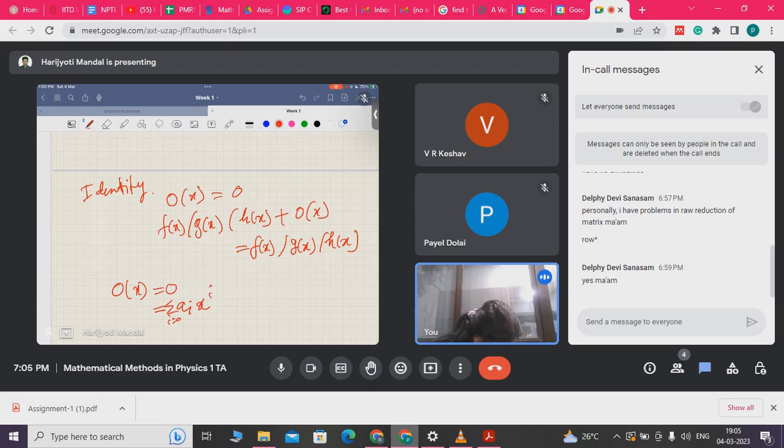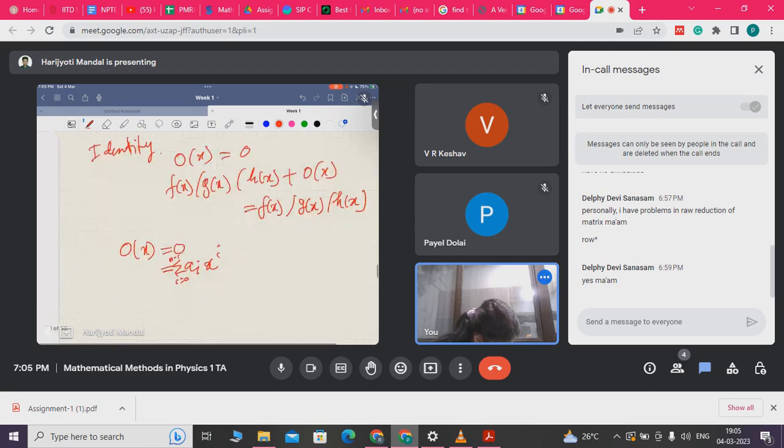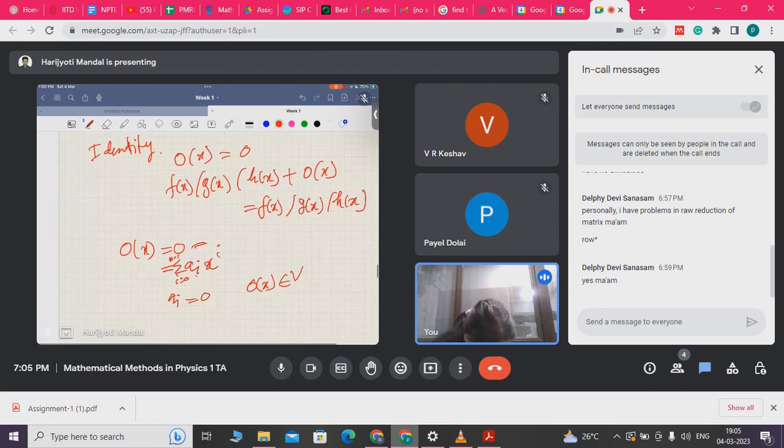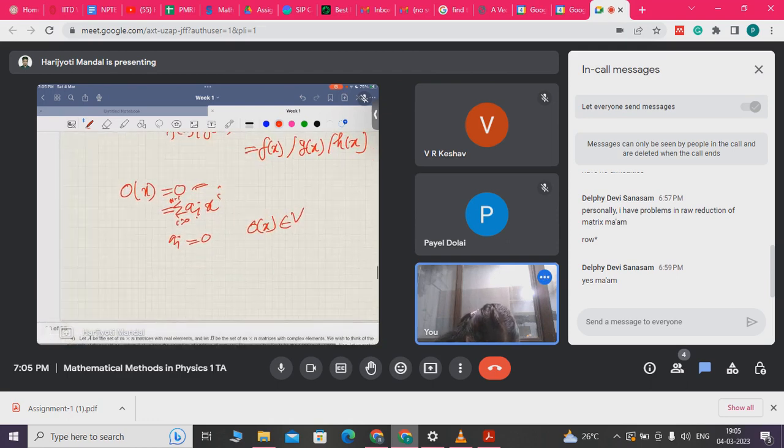So 0 of x will be 0. We can write it in the form of the sum of ai x^i, i equal to 0 to n minus 1, where all ai are 0. If we put all ai equal to 0, then it will give us 0. So the zero function is also a vector, a component of the vector space V.